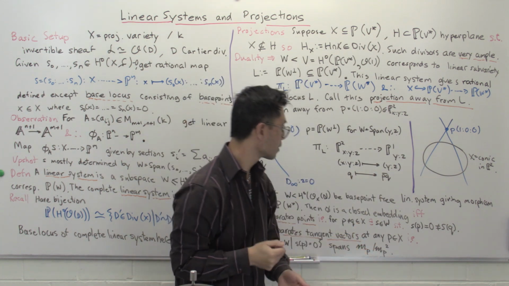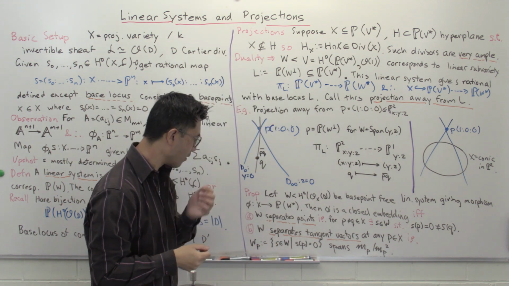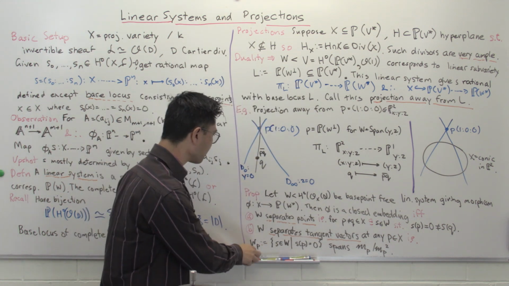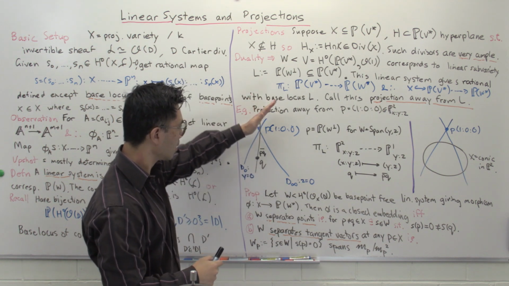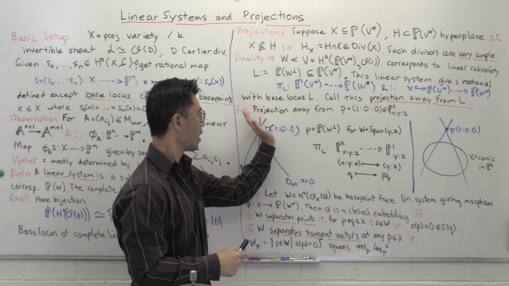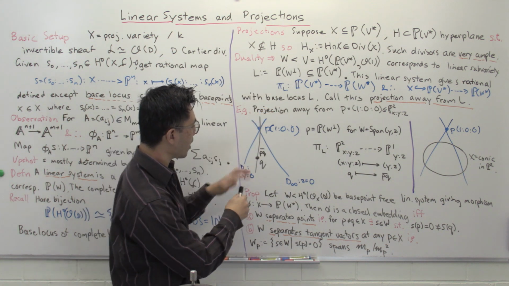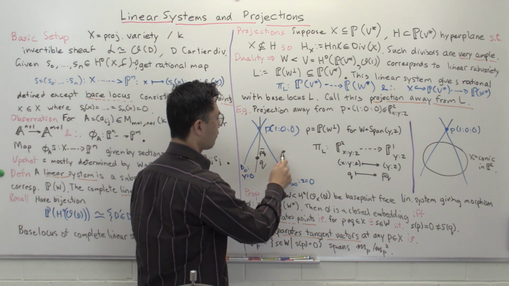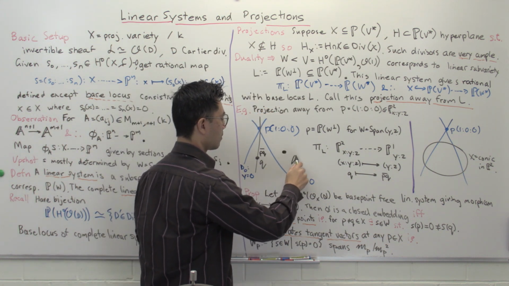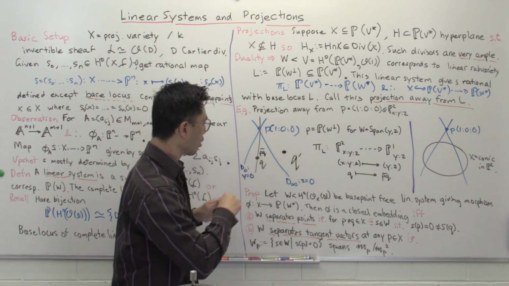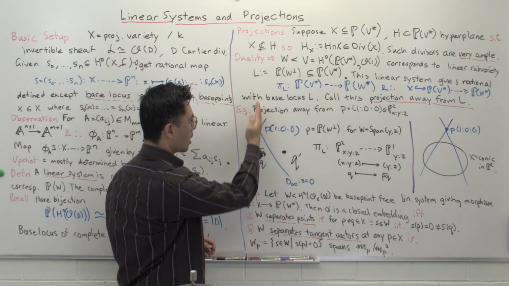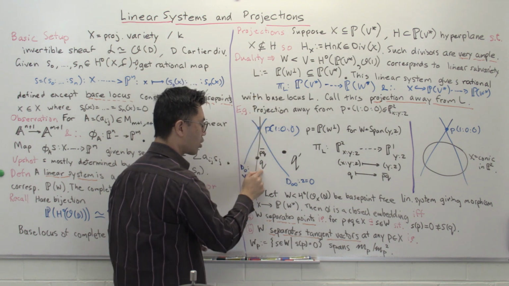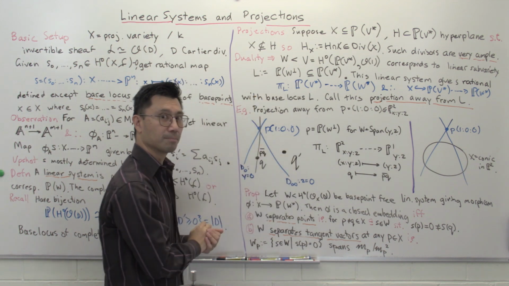Let's give an example of how things might separate points. Let's look at this linear system here, which is the lines through P, and it will separate this Q from this Q prime, because if you take this particular section, which has a 0 here, it's 0 at Q, but not at Q prime.